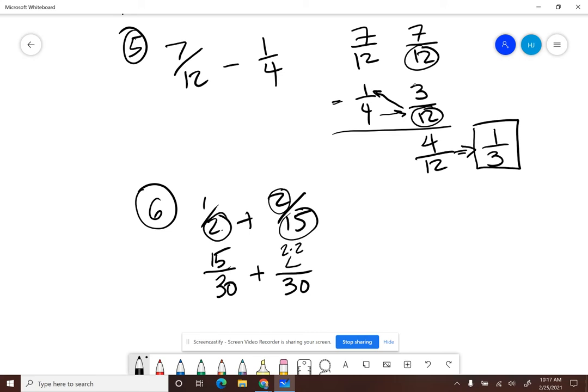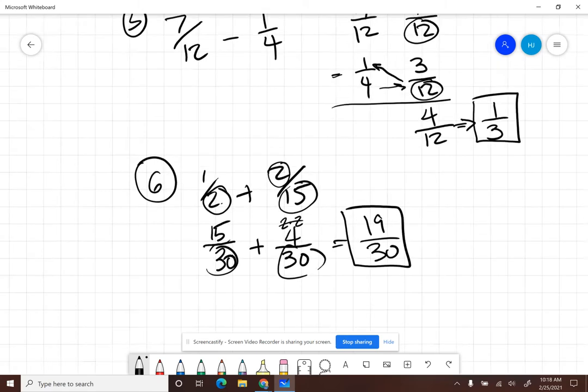And 2 times 2 is 4, okay? So now that I've got common denominators, all I have to do is just add those. And again, you keep the denominator the same. You do not add this up. This is not 60, all right? You keep that common denominator, and so all you add is the top, the numerator. So 15 plus 4 equals 19. So 19 over 30 would be my answer.